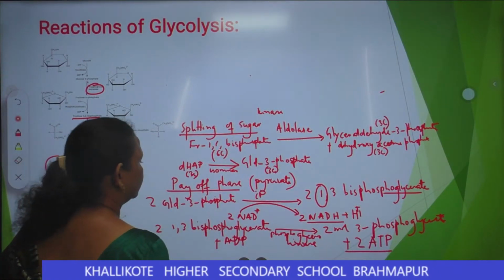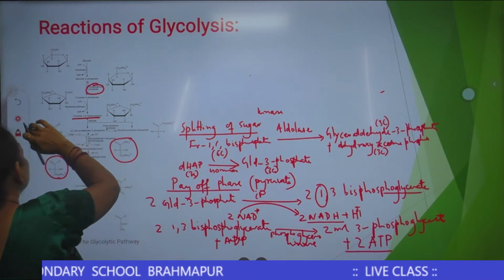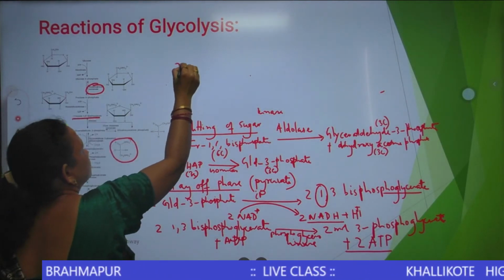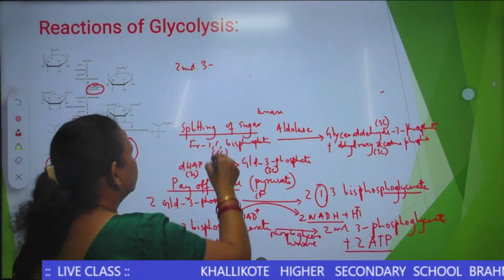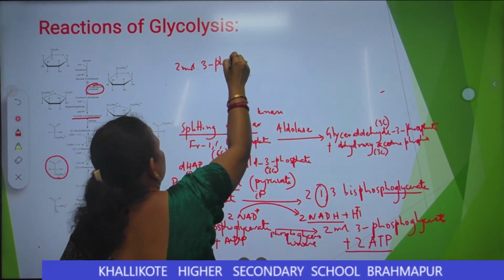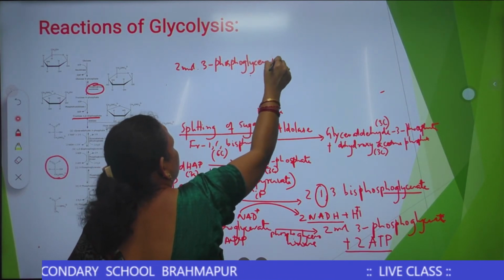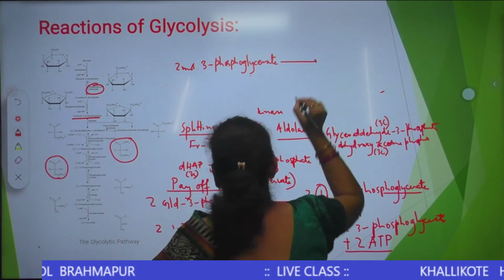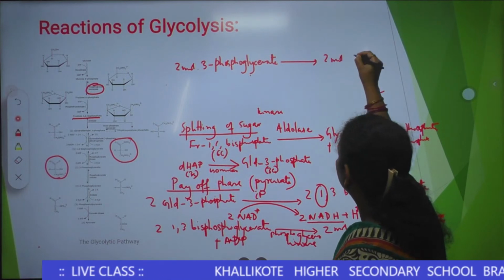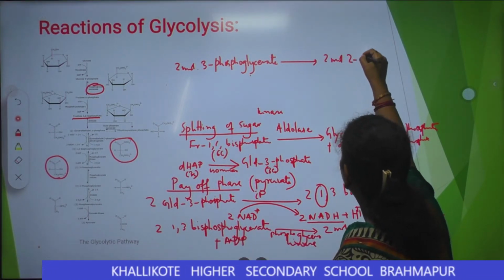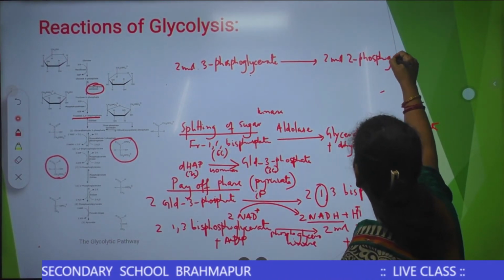So, in the next reaction we shall take 2 molecules of 3-phosphoglycerate getting converted into 2 molecules of 2-phosphoglycerate.